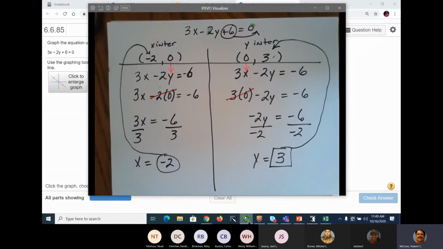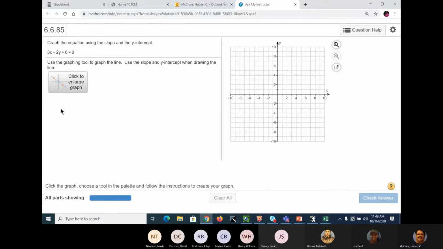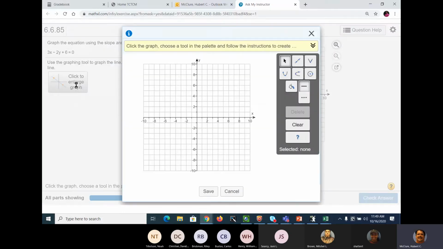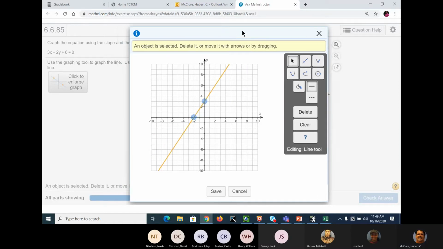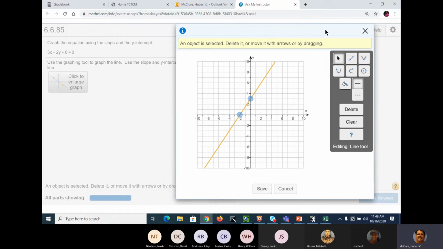And there's your points. So now we go to the handy dandy graph and we graph a straight line and x negative 2, 0 and y is 0, 3. So there's that.